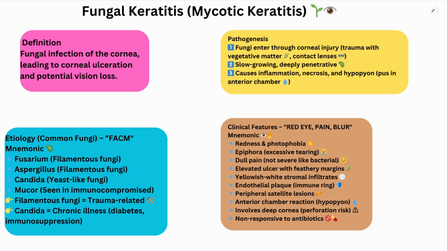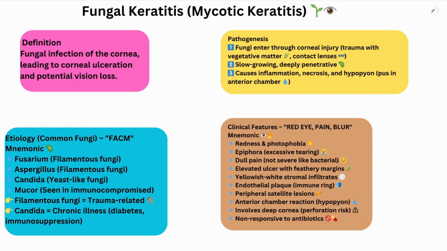The etiology or the common fungi are, first one is Fusarium, which is a filamentous fungus, Aspergillus, which is also a filamentous fungus, Candida, a yeast like fungus, and Mucor, which is mostly seen in immunocompromised patients. Okay, here you will see Aspergillus, which is most common.